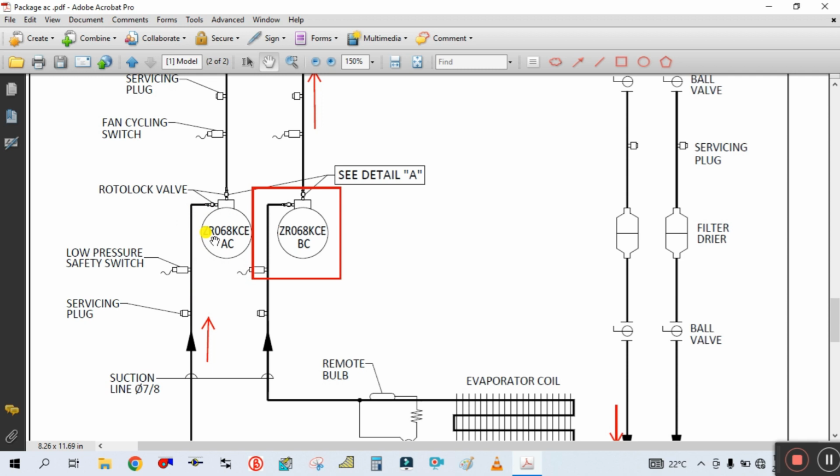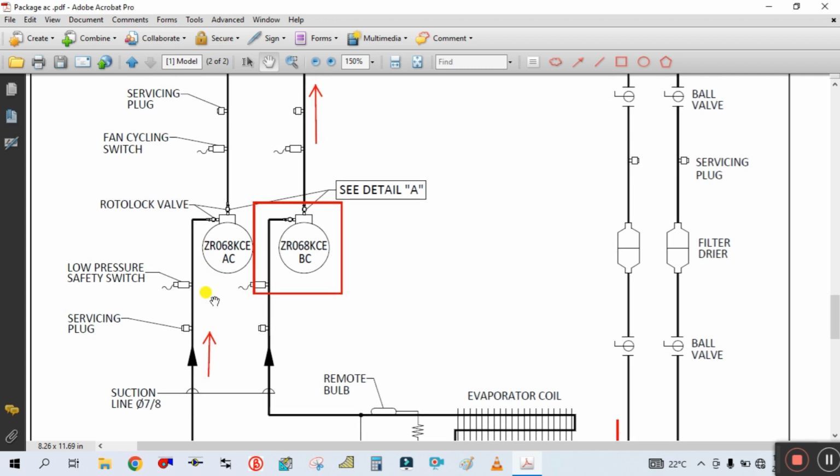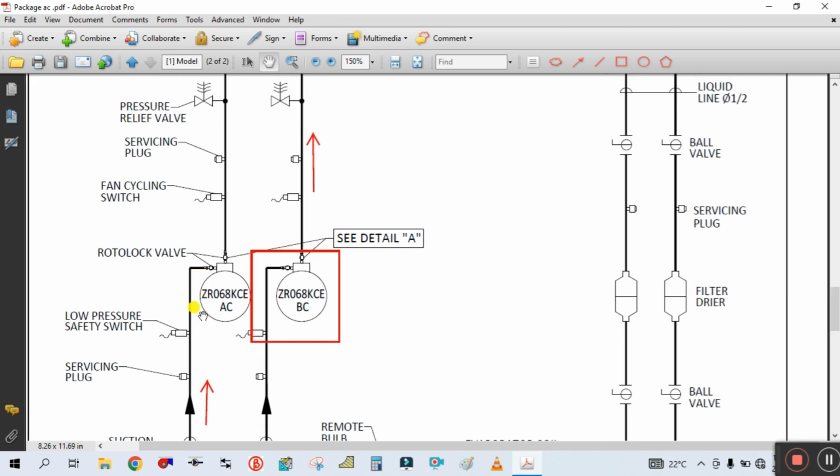So before entering the compressor, the refrigerant should be converted to vapor phase.